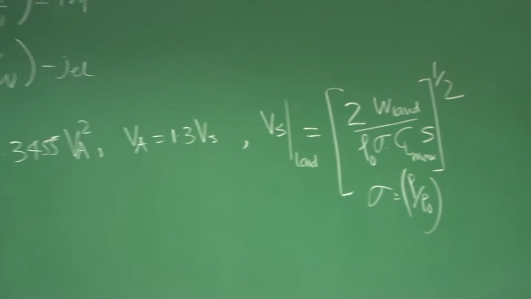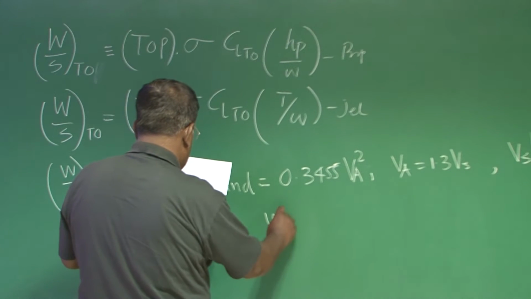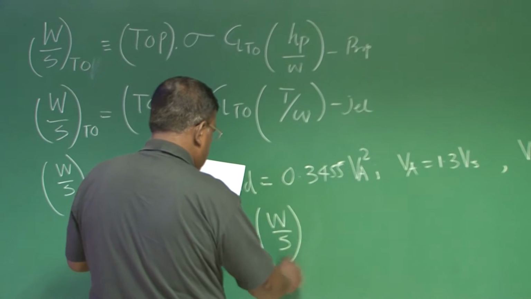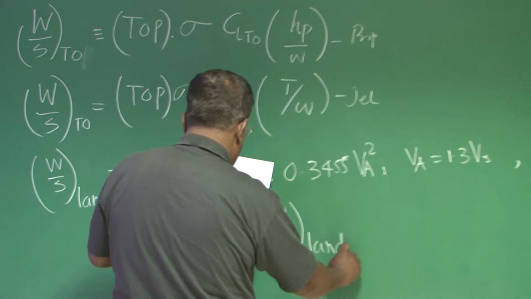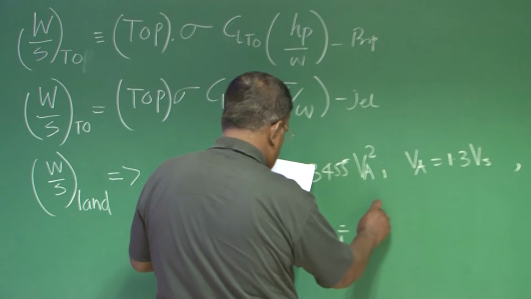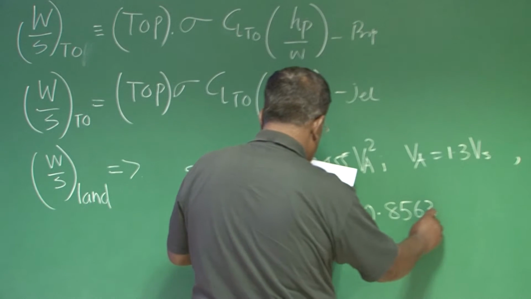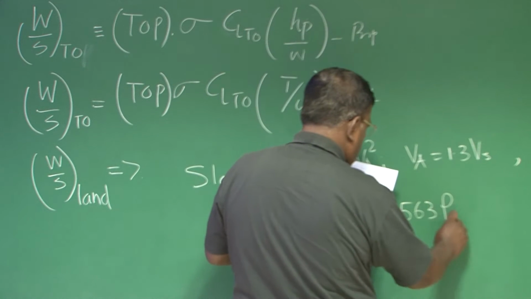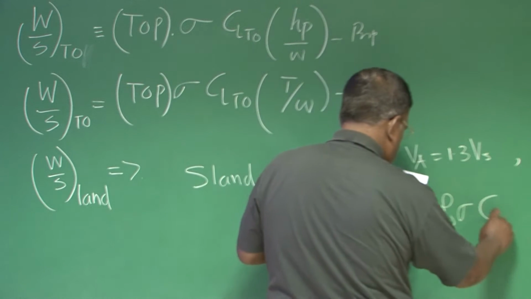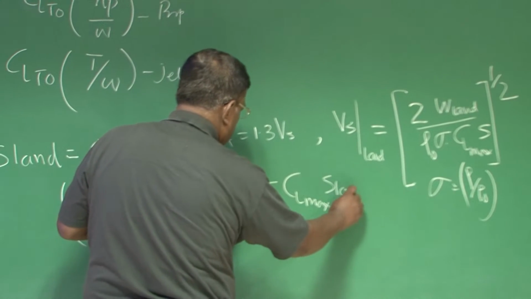And using this, we have shown that W by S landing is equal to 0.8563 rho naught sigma CL max into S land.